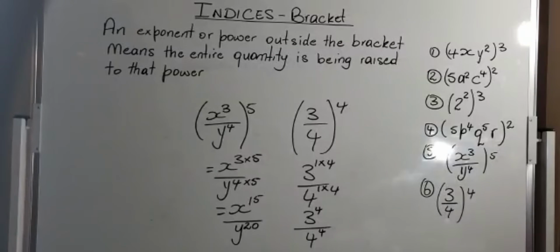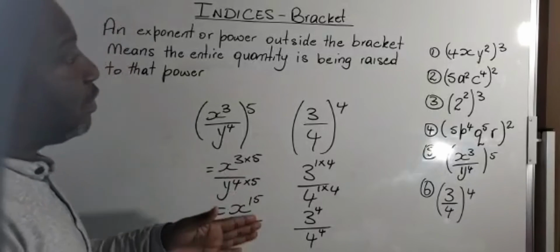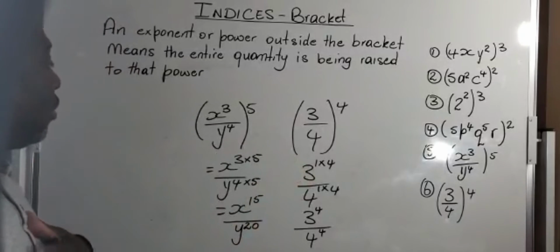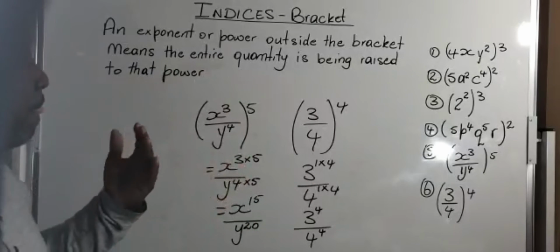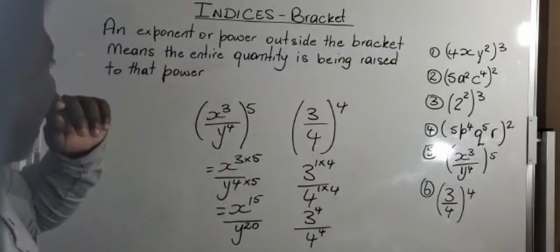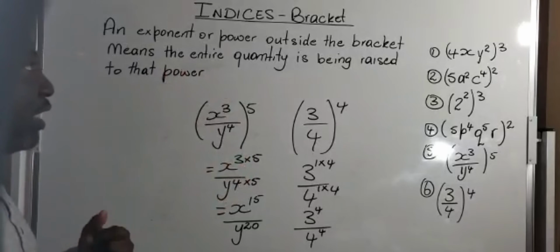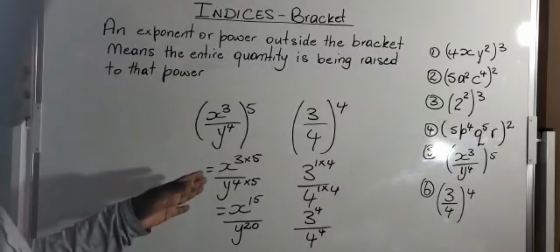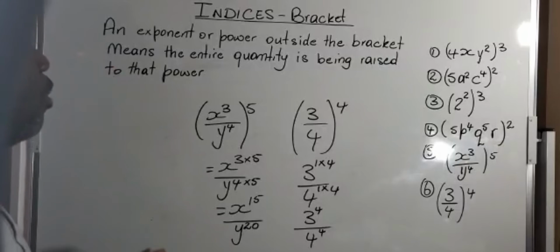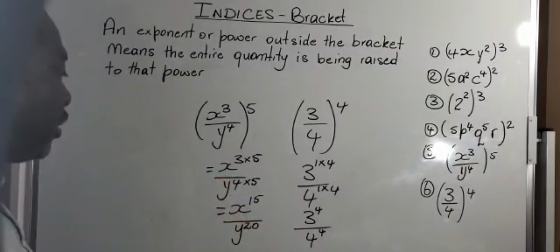Guys, I've come to the end. I've worked the problems as stated. We apply the rule as implied. Remember, this is my 3rd video. If you have not yet watched the video on multiplication, I'd advise you to do so. Also, go ahead and watch the video on division of indices.